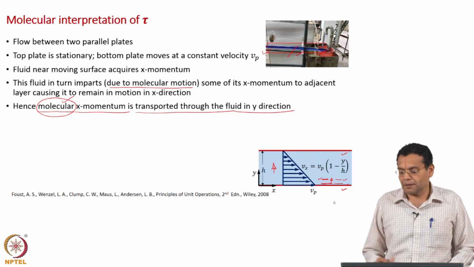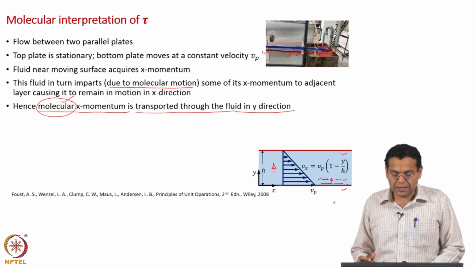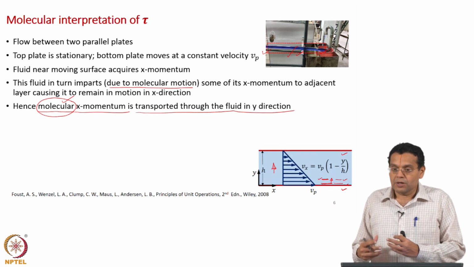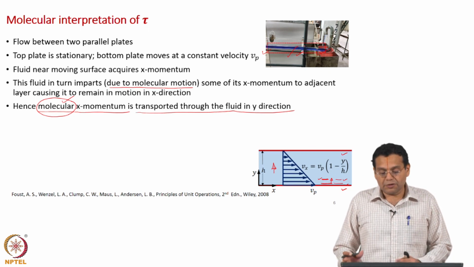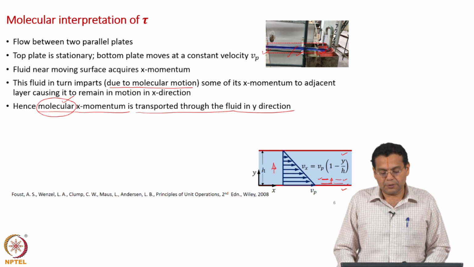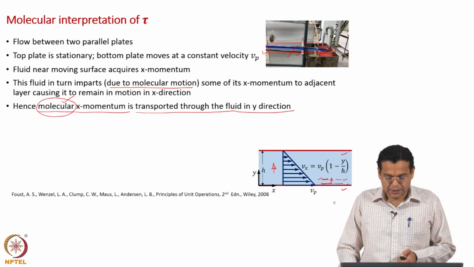This has to be kept in mind as we go along. So far we have been using just x momentum, meaning convective x momentum, but right now we have two different forms in which momentum is transported: one is molecular x momentum, the other is convective x momentum.